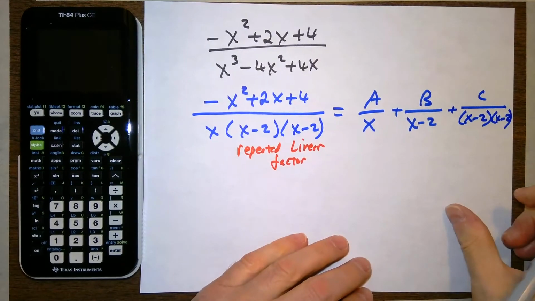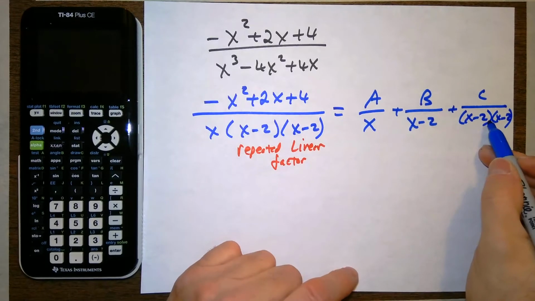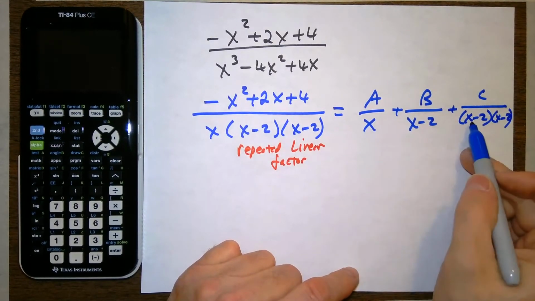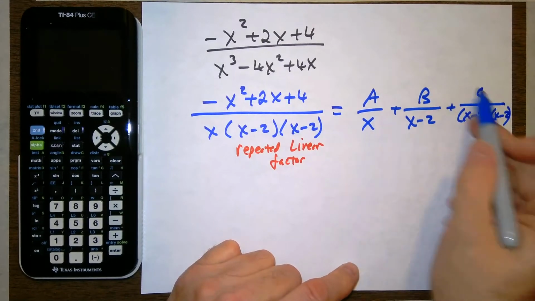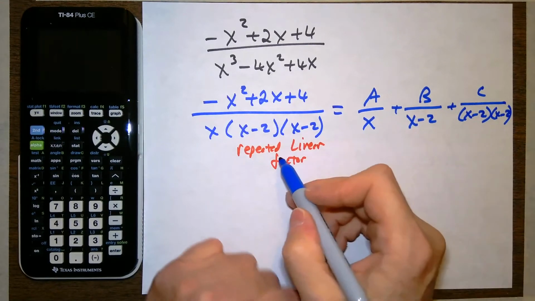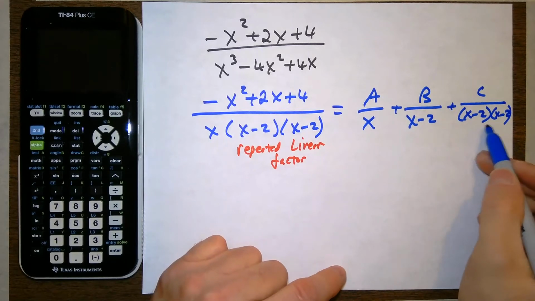Sorry about that, I have to have it repeated down here. Now, it's entirely possible that b could be 0 and then I just have this and this, but I have to have at least two of those and that. So I've got three numbers that I need to solve for here. Because of the repeated linear factor, I'm going to have it here once and then there twice.